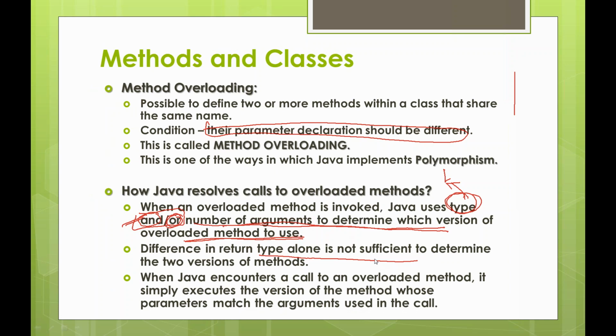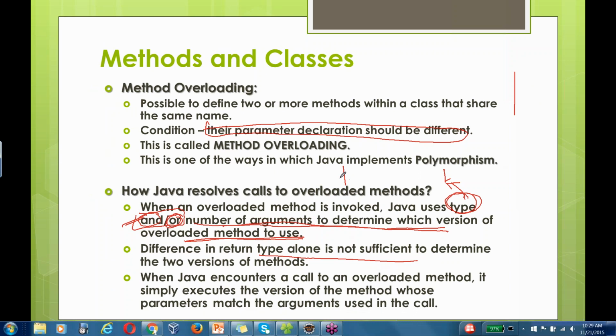So the only things used for determining the version of an overloaded method are the arguments passed: the number of arguments and the type of the arguments.